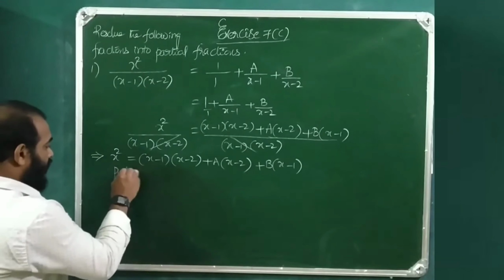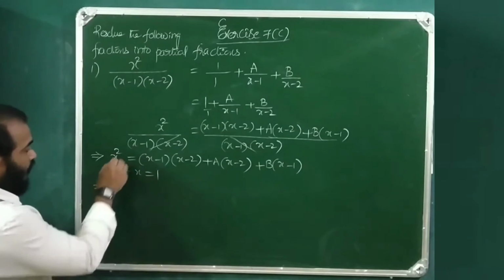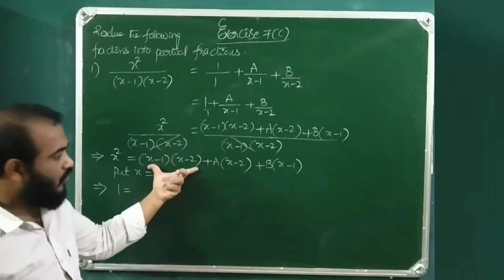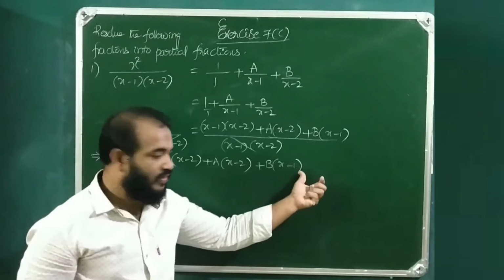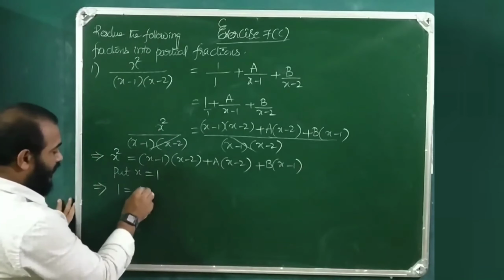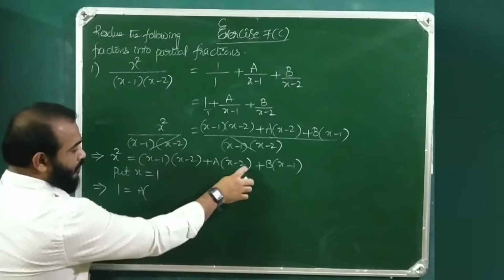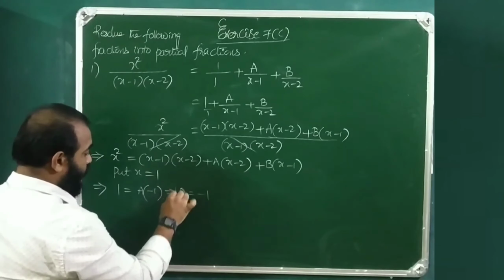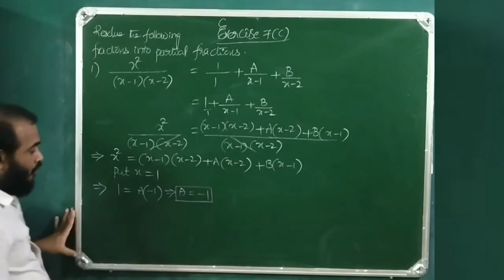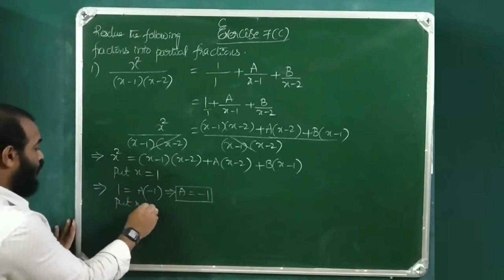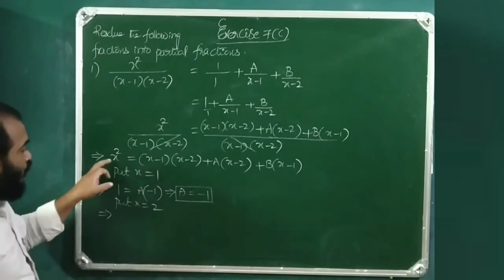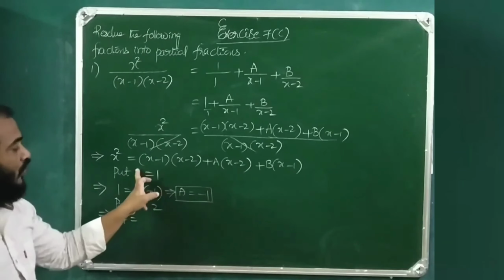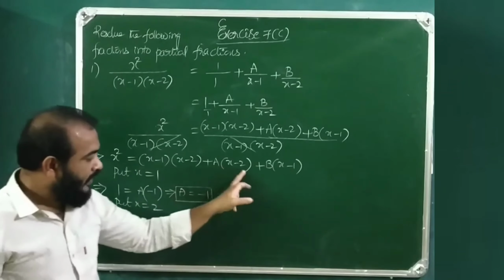Put x equals 1: 1 square is equal to, here 1 minus 1 is 0, 0 into this is 0. So here also 1 minus 1 is 0. So we are left with A only, A into (x minus 2), 1 minus 2 is minus 1. So therefore A is equal to minus 1. Put x equals 2: 2 square, 4, is equal to 2 minus 2 is 0, into this is 0. 2 minus 2 is 0.